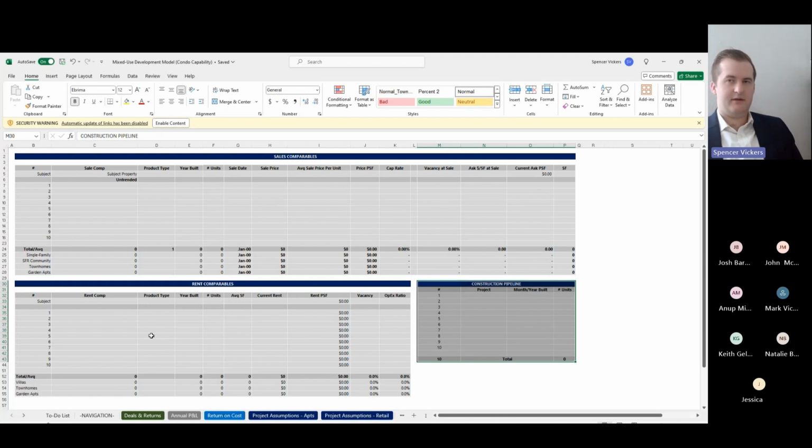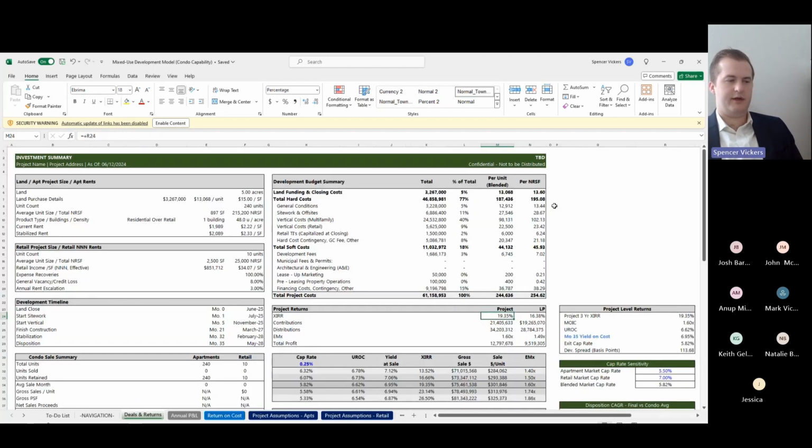I've used a lot of development models in the past, and I really like this one. I feel like it provides a nice, clean way to take a GC's bid on a particular parcel, or go look at a particular parcel and size up what you want to do there, what you think could be the highest and best use of that site.